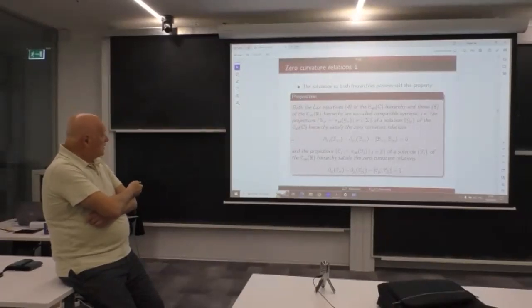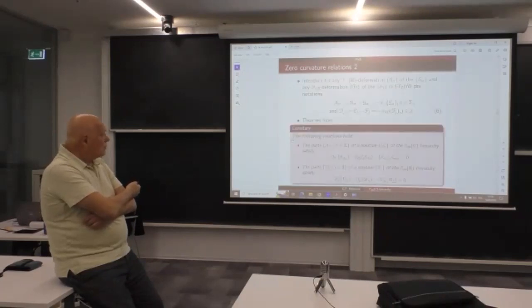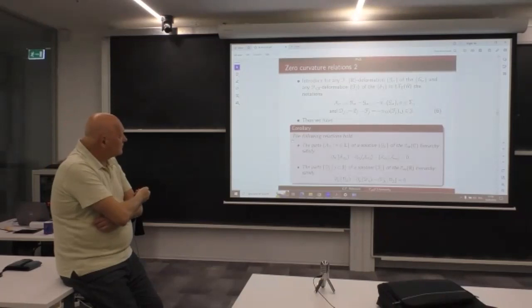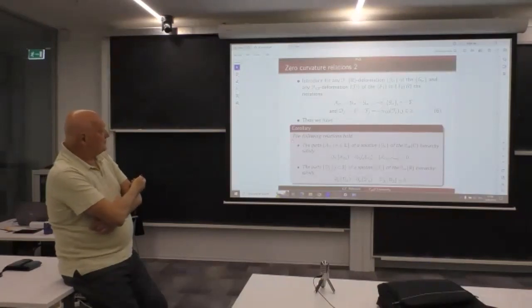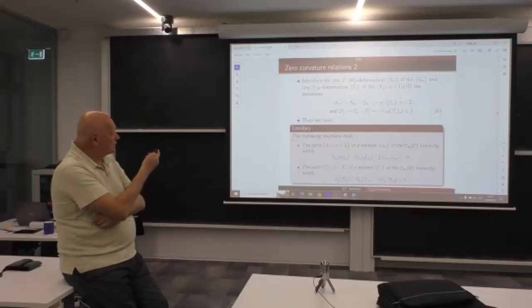Now, those zero curvature relations are in fact the compatibility conditions for the Cauchy problem that we will see in a moment.